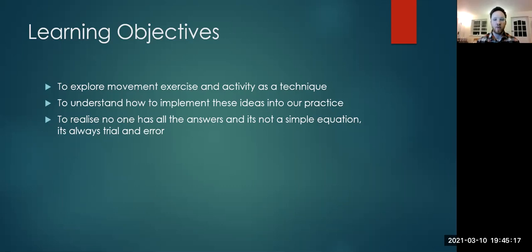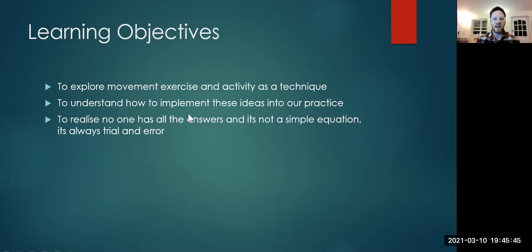But the way in which you prescribe it can be incredibly osteopathic in its principles and thought process. So we're going to explore thinking of it as a technique rather than something other health professionals do. I see it more as a technique rather than advice or something else like that.